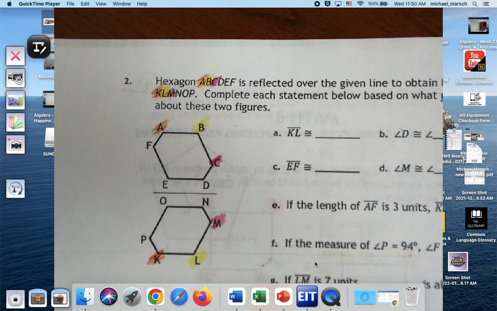So for those of us that can't visually see that, by looking at the reflection, when it's color-coded, it makes it super obvious what goes with which part.